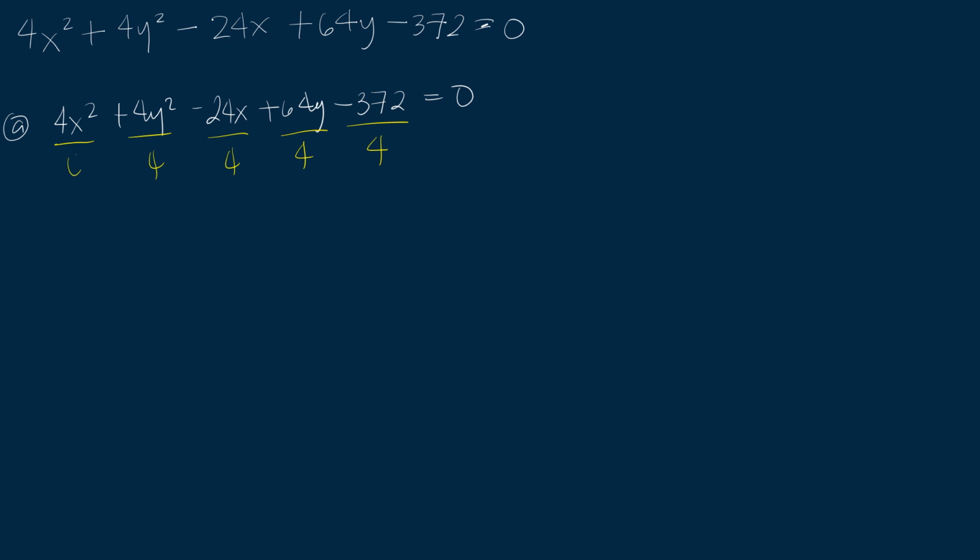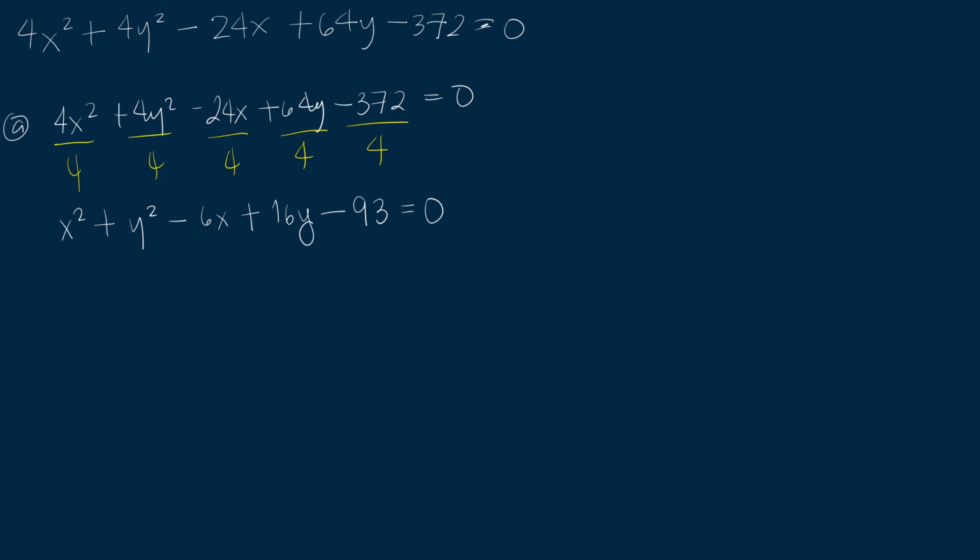Your new equation will become x squared plus y squared minus 6x plus 16y minus 93 is equal to 0.